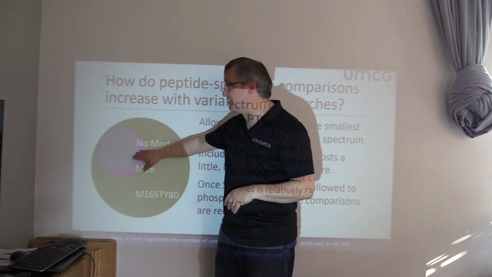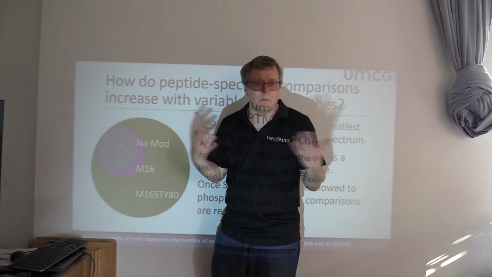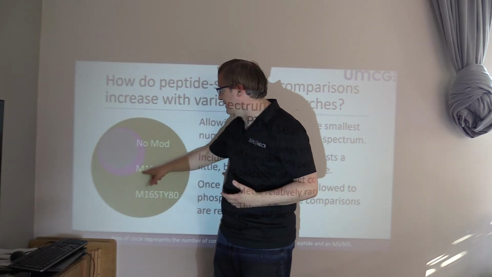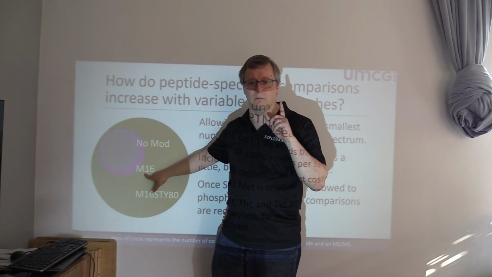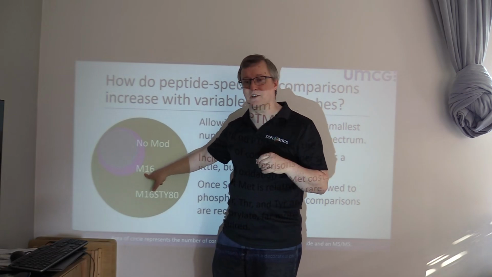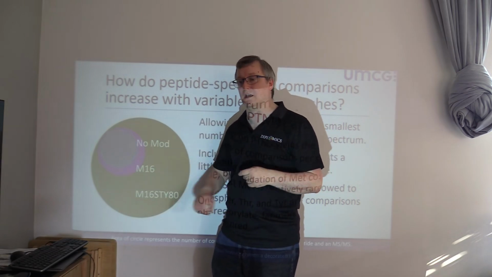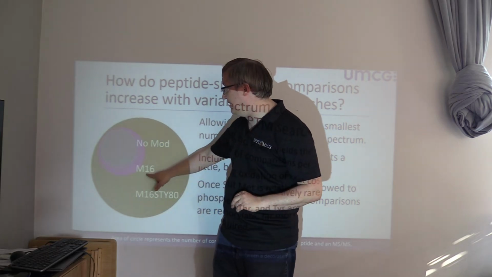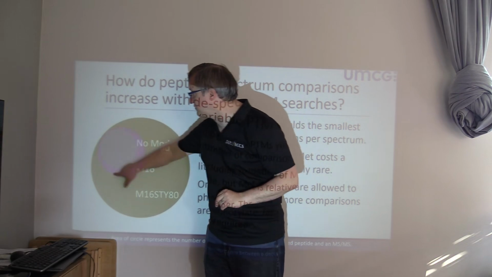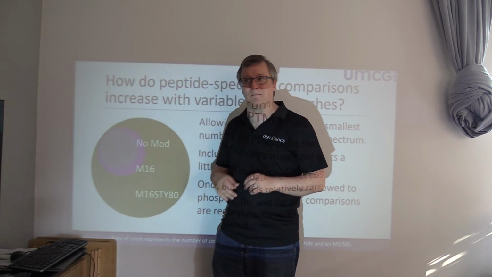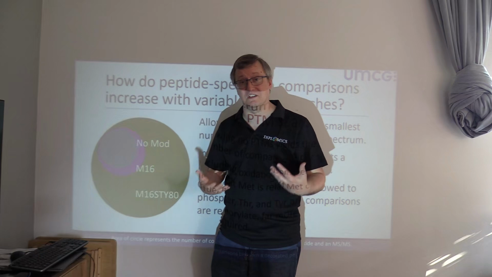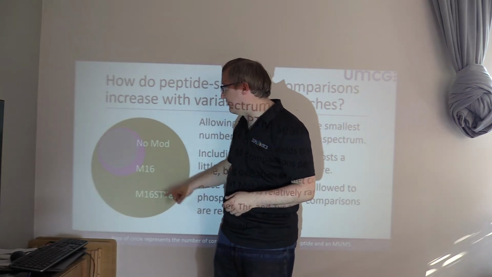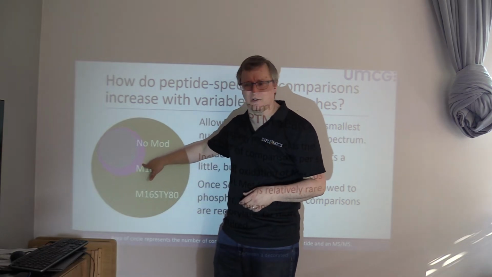And as you can see, it's relatively constrained in this space. If we just allow for the single most popular modification, oxidation of methionine, and again, methionine is a very rare amino acid, we see that the search space grows to this magenta size. So we have more sequences that need to be compared to spectra on average, but it's not hugely larger.